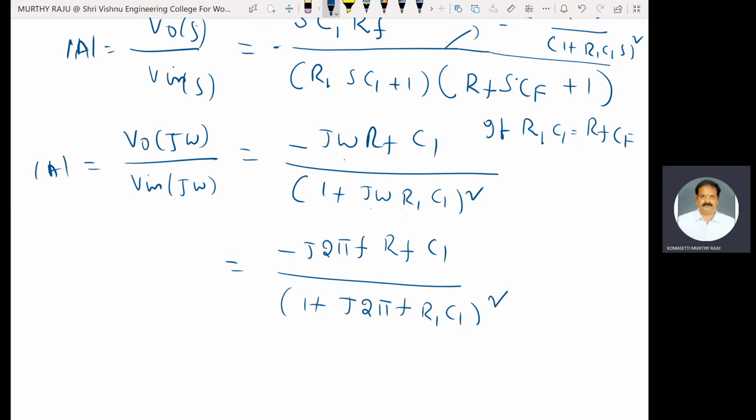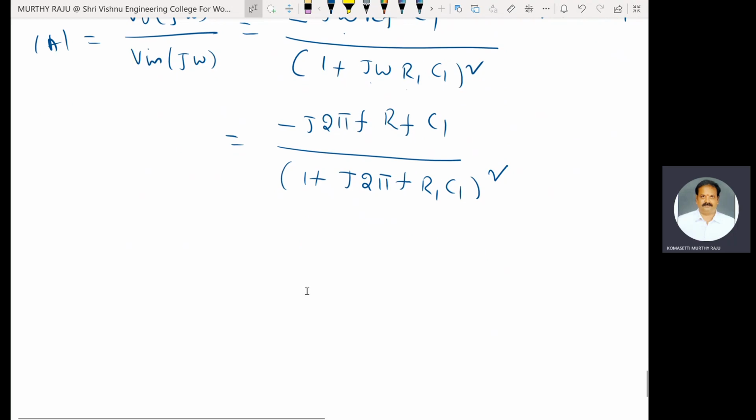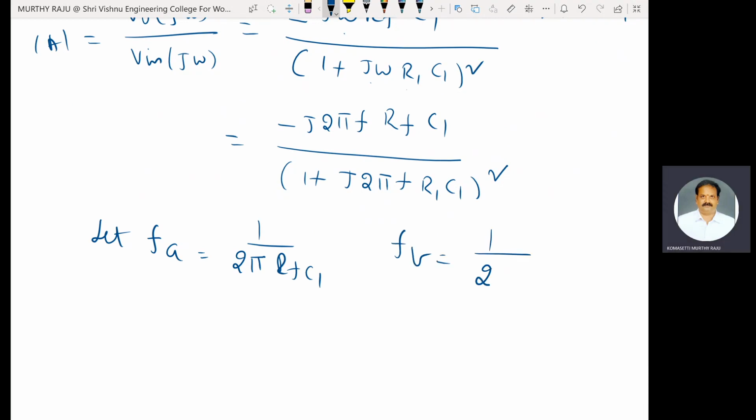We know that, let FA equal 1 by 2 pi RF C1, and FB equal 1 by 2 pi R1 C1. Later I will discuss the importance of these two frequencies.